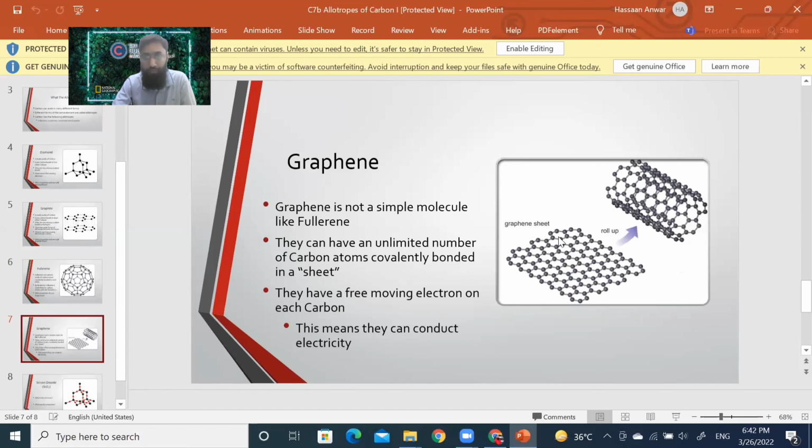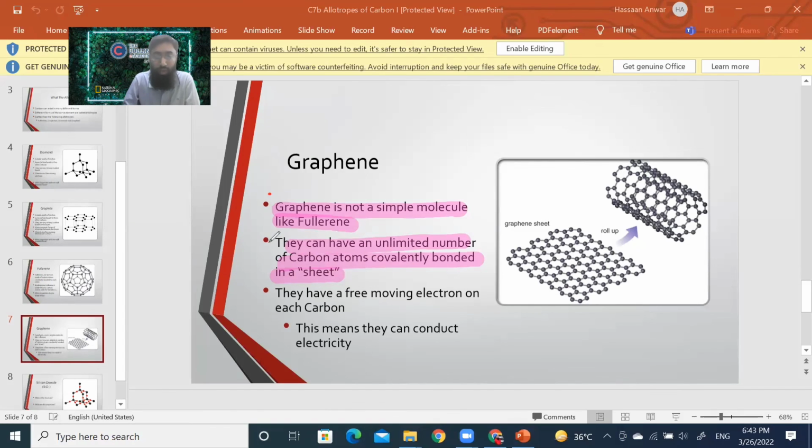So this is about graphene. Graphene is not a simple molecule like fullerene. It can have an unlimited number of carbon atoms covalently bonded in a sheet. This is the answer to your question. There are free moving electrons. This makes it an electrical conductor.